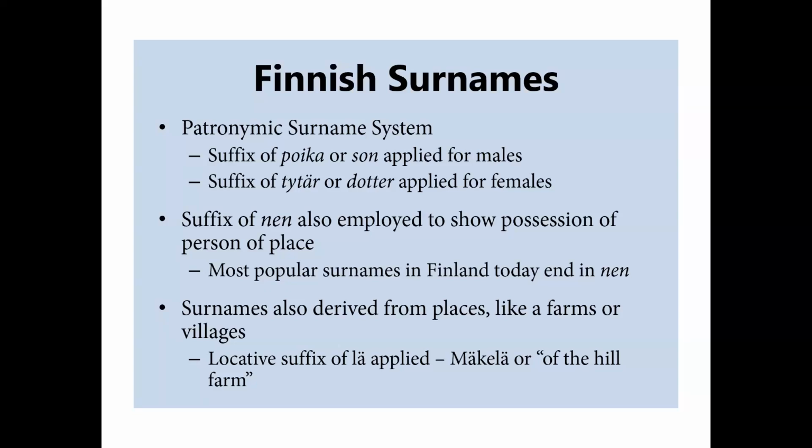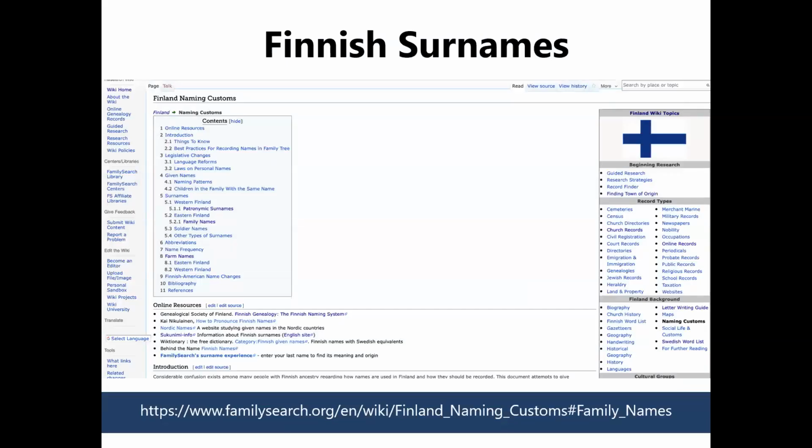And this is the only country where I think you can judge the suffix on the surname and understand where the family might be from. This is a really helpful FamilySearch wiki on Finnish surnames. Bookmark it if you have Finnish ancestry. It's really helpful and very clear and easy to understand, a complicated naming system.